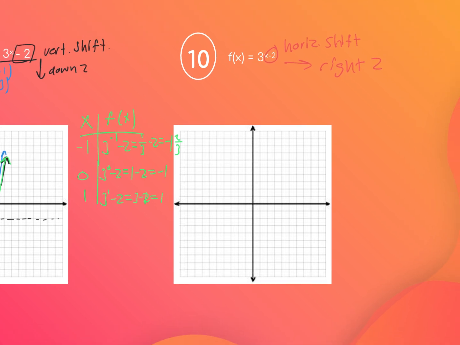Again, we know that 3 to the power of x is going to look something like this. We've done it before. So in red is our original. Then to graph our transformation, this -2, we're going to shift these points to the right 2 units, and we're going to have a curve that looks something like that.